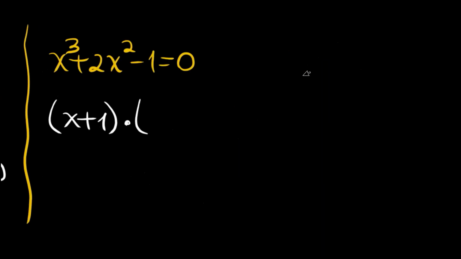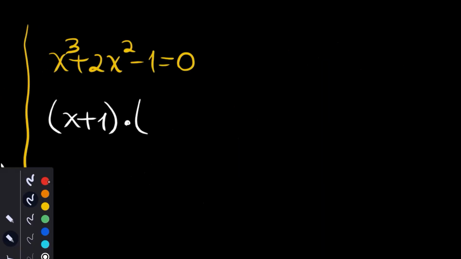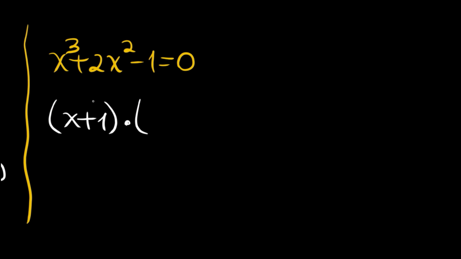Now I will try to complete our cubic. Now we need some x squared, of course. We have x cubed, but we also have 1x squared. We need 2x squared, so x times plus x will satisfy our 2x squared term.